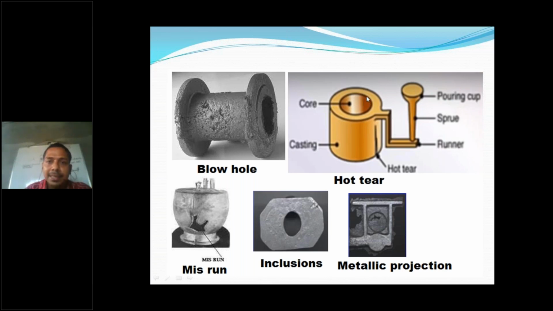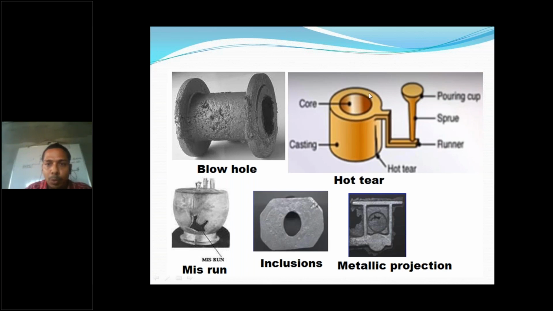Another way you can say is that when the product solidifies, it will shrink. Obviously for most of the materials, at the time of solidification, it shrinks. So here also it will shrink. When it shrinks, at the mid portion, at the center, the core is available. At the time of shrinkage, it applies a huge amount of pressure on the core.